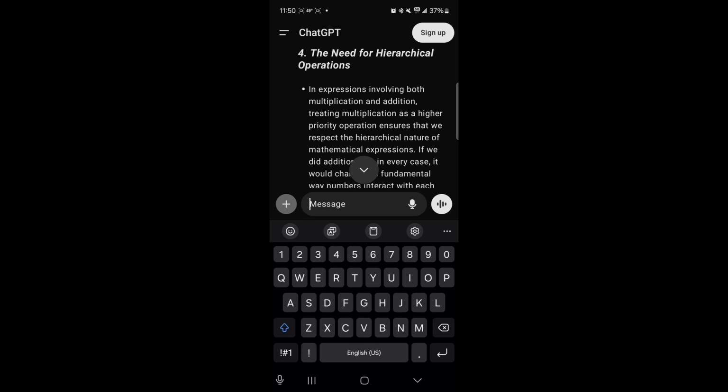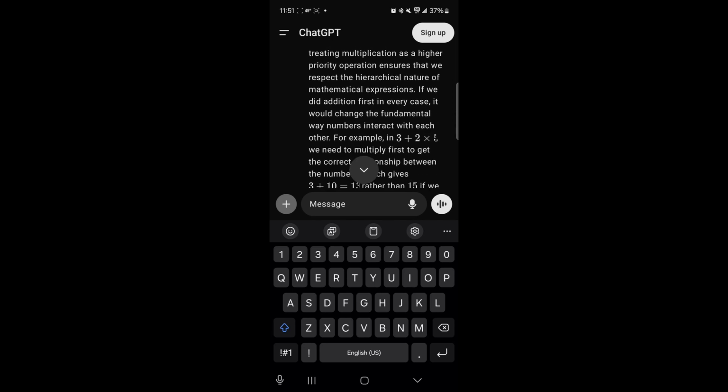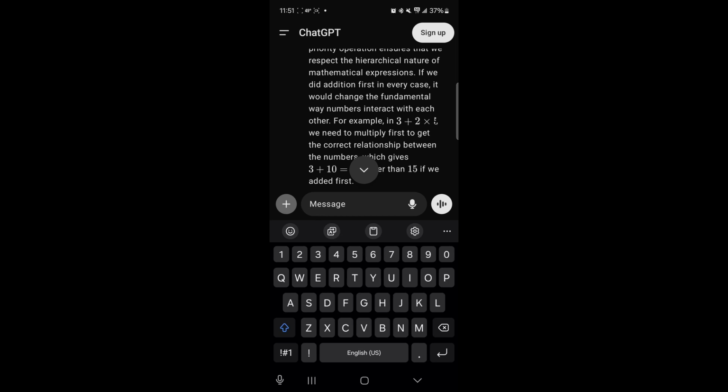And point number 4, the need for hierarchical operations. In expressions involving both multiplication and addition, treating multiplication as a higher priority operation ensures that we respect the hierarchical nature of mathematical expressions. If we did addition first in every case, it would change the fundamental way numbers interact with each other.